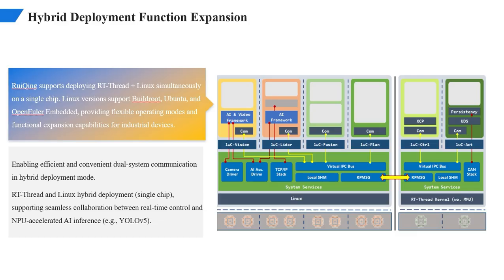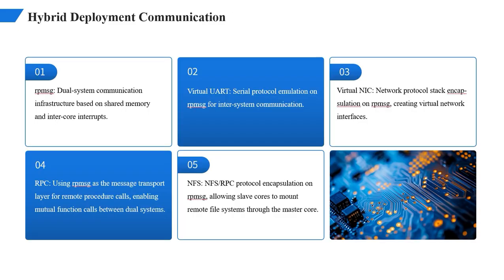For example, RT-Thread handles the real-time control tasks while Linux manages NPU accelerated AI inference such as YOLOv5 object detection with seamless coordination between the two. You no longer need two separate systems. Now one chip can do it all.